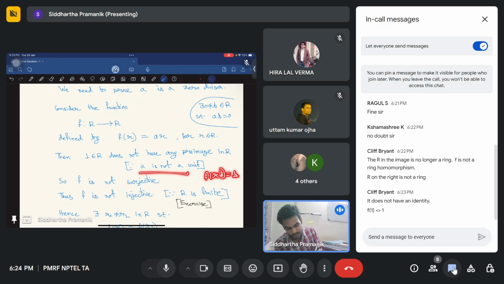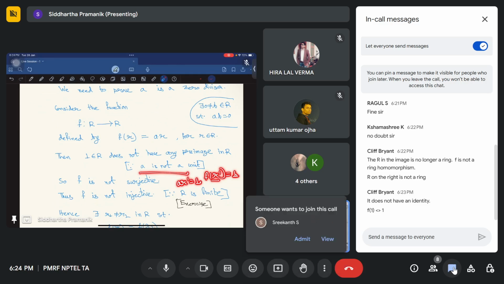You cannot find an element r prime such that A r prime is equal to 1, right? So that means you cannot find an element such that f of r prime is 1.